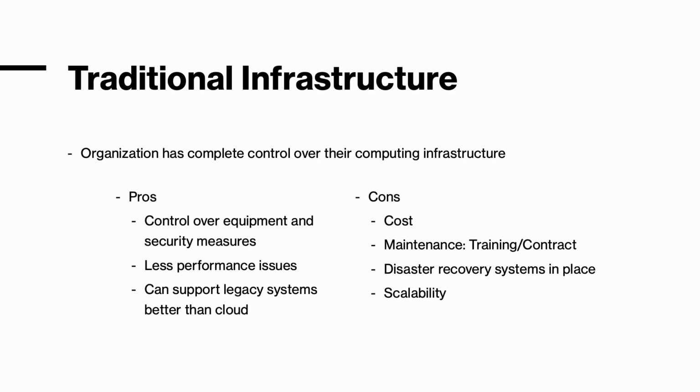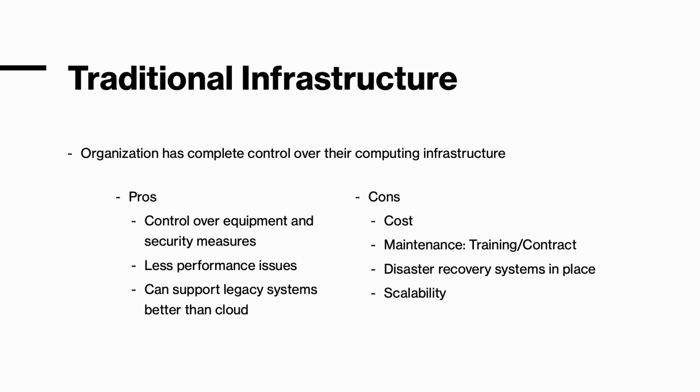Traditional infrastructure, the company goes out and buys the physical devices, the servers, the routers, switches, cables, pays for the HVAC system, the maintenance of it, security controls, physical and network wise.